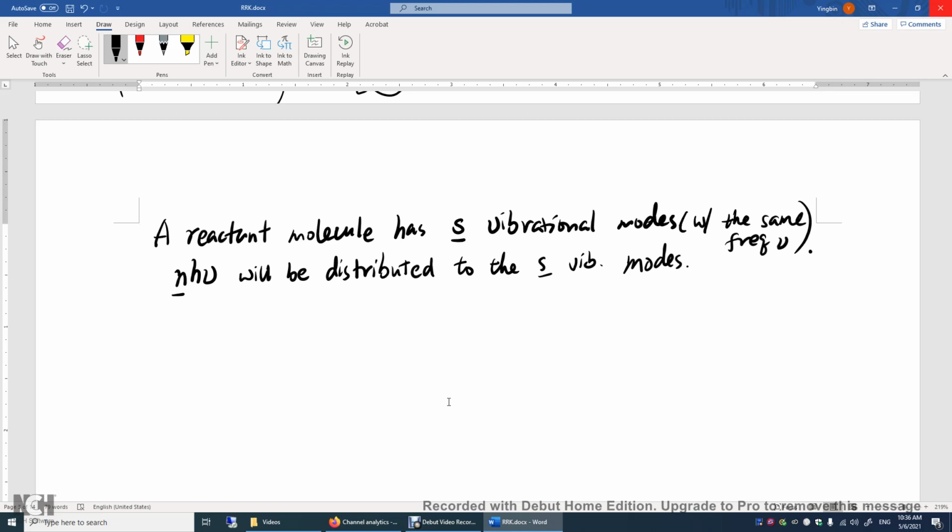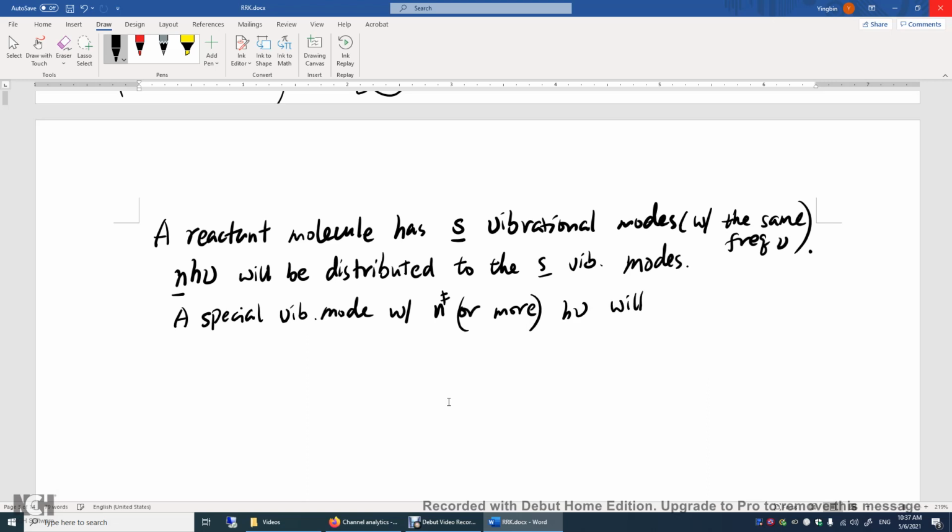Now we're going to say, well, one of these S vibration modes is special. If this special vibration mode gets enough energy, a reaction may occur. So there's a special vibrational mode with n double dagger or more hν that will result in a reaction.